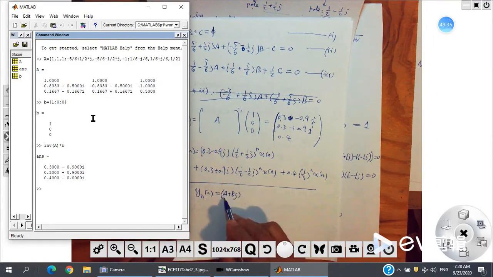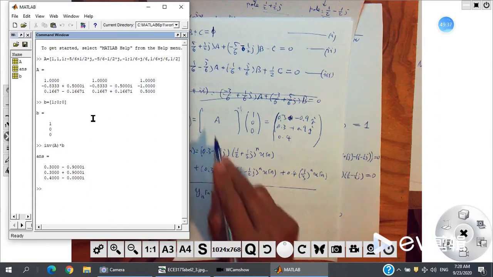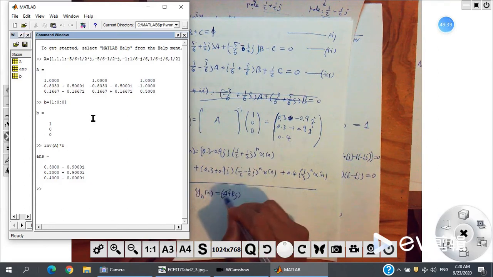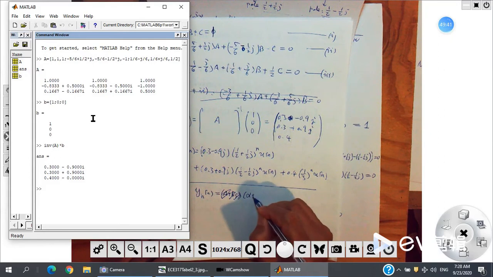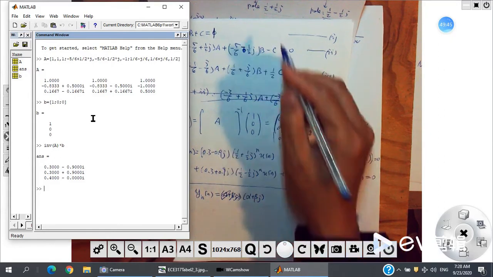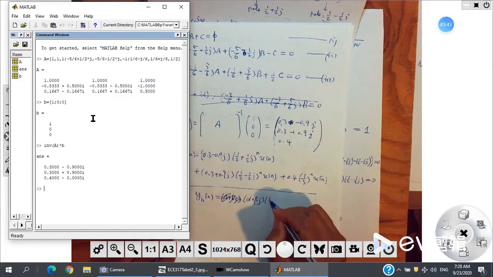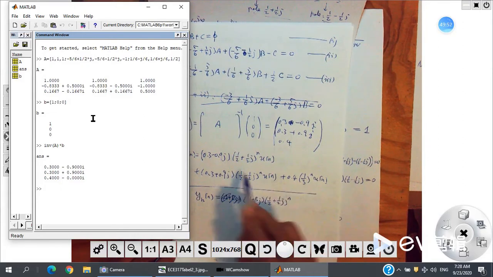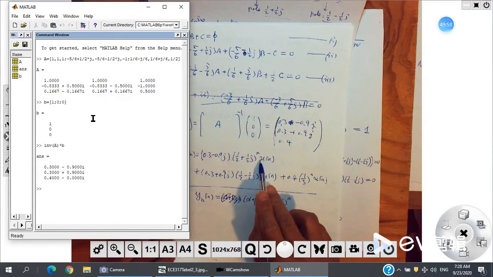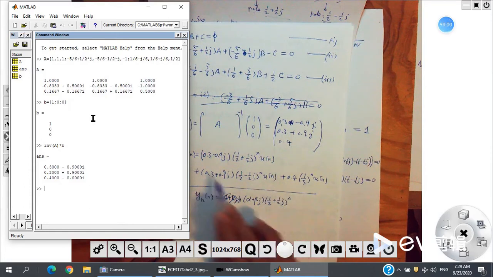Okay, this A, B are different from that A and B, so I use alpha, beta. It's alpha plus beta J times the first pole, 1/2 plus 1/2 J to the n, just this one, the same thing but no u of n, and the coefficient now is alpha plus beta J.